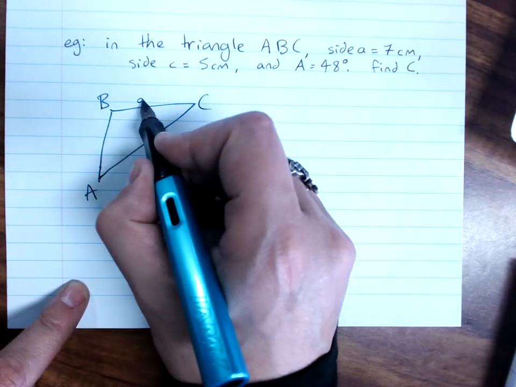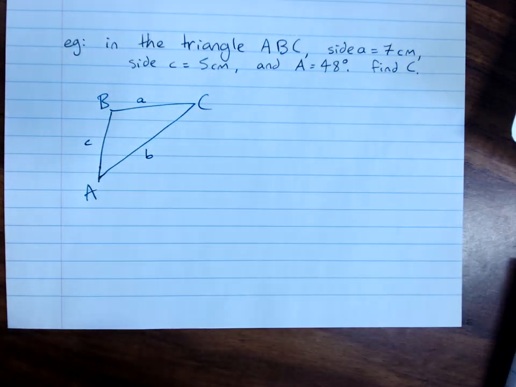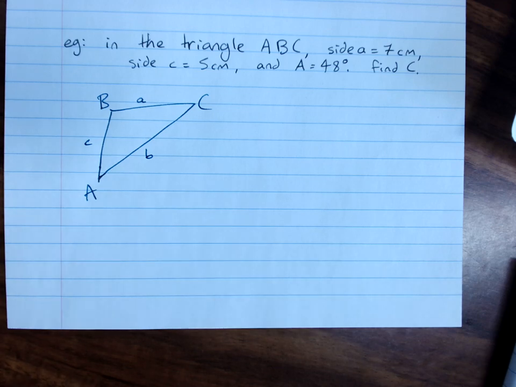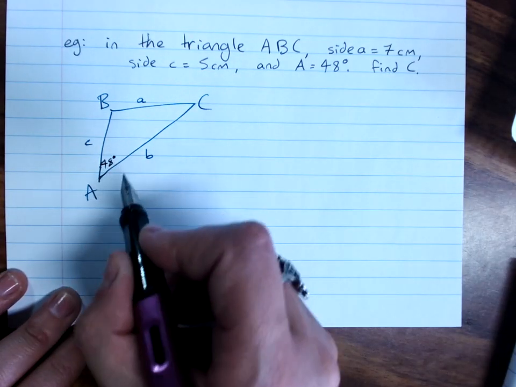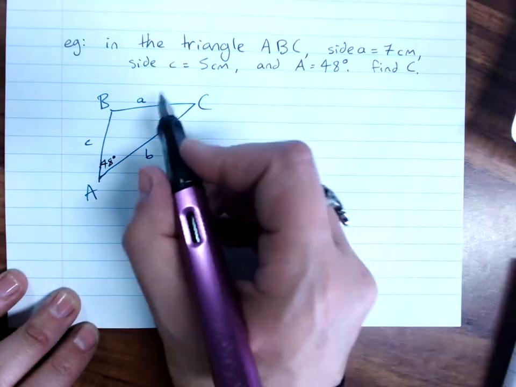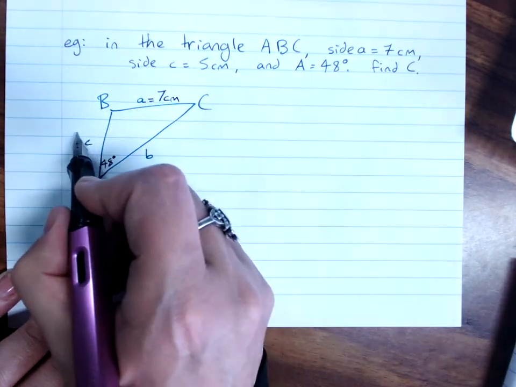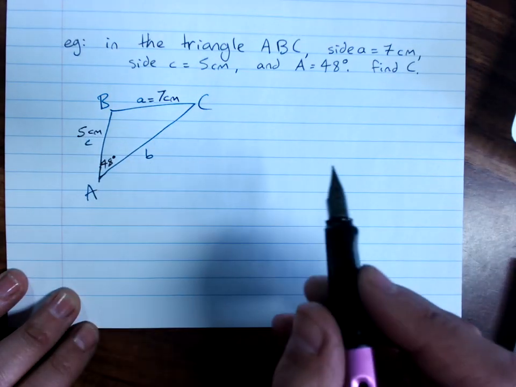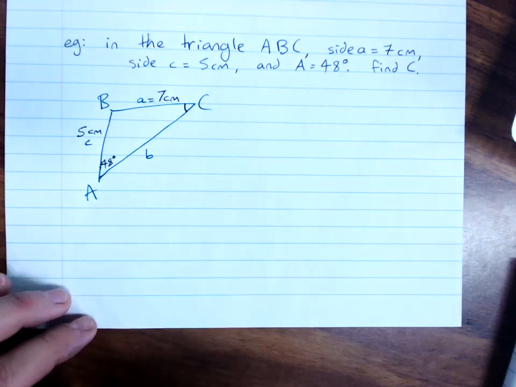This is side A, that's side C, that's side B, and we put in the values that we know. So angle A is 48 degrees, side A is 7 centimeters, side C is 5 centimeters, and I'm finding angle C.